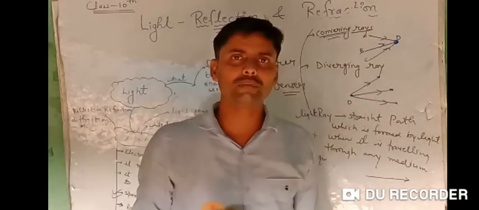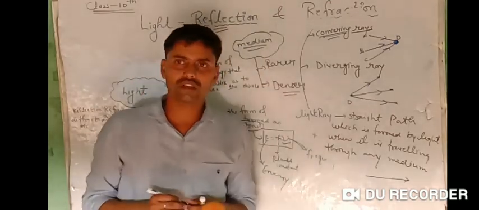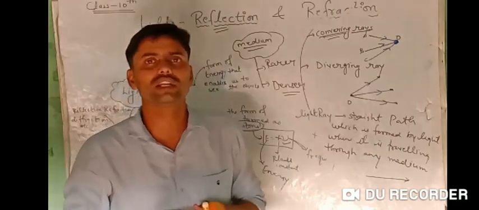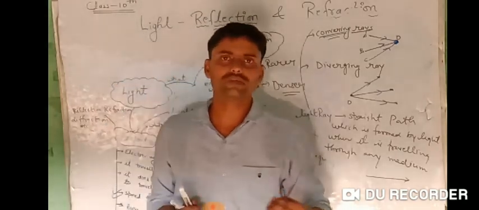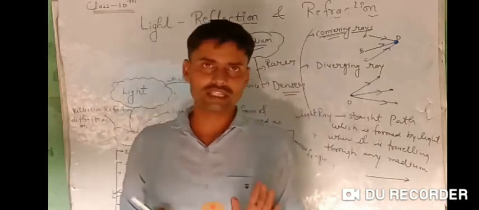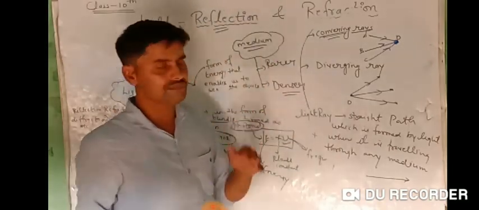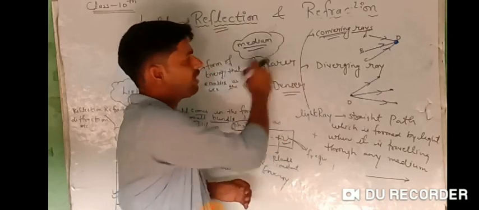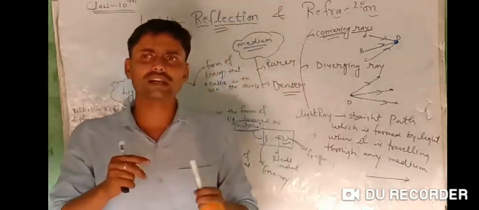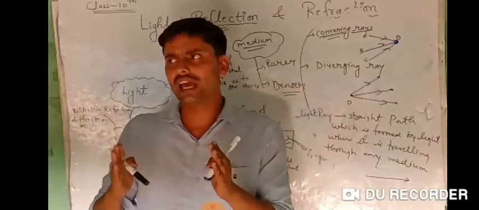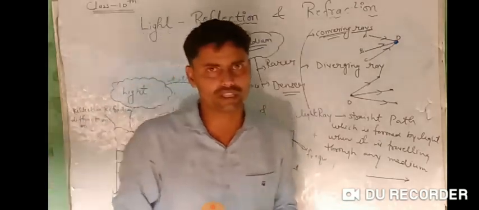Now what about rarer medium? You have studied about density of anything: the number of particles present in unit volume is termed as density. So in terms of density, a rarer medium is defined as that medium whose particles have a very large gap between them.